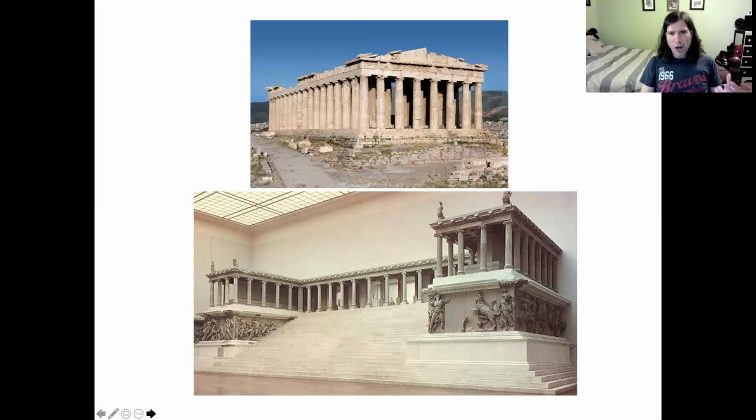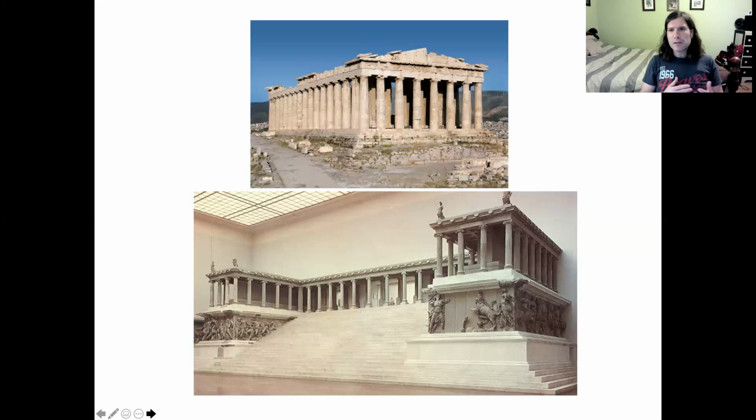Likewise, with the Parthenon, the columns that make up the colonnade are playing an important structural function, holding up the whole cornice and roof. But in the altar of Zeus, the columns and the cornice above them are really just there for decoration, not really serving the same kind of functional purpose.